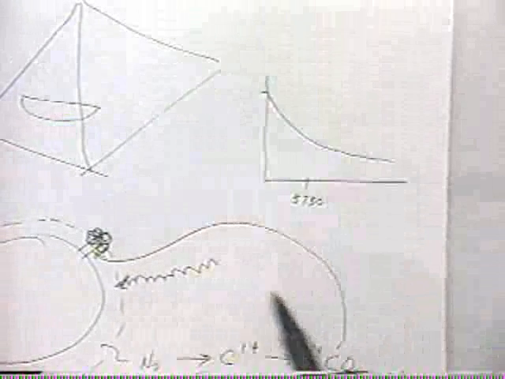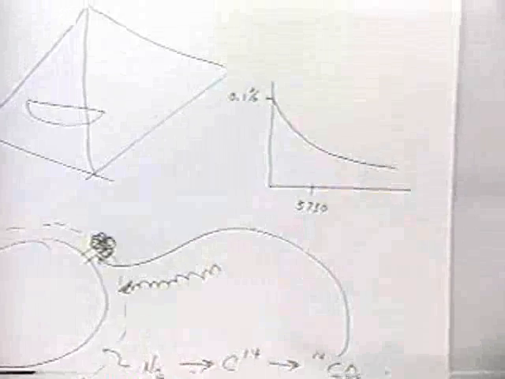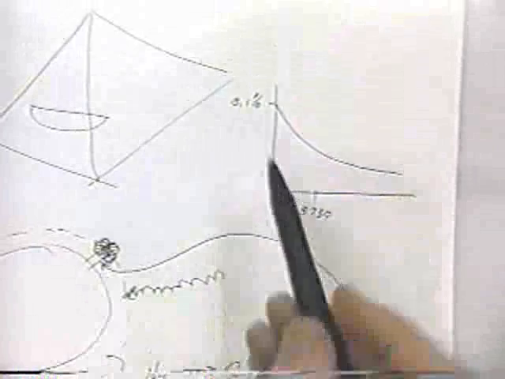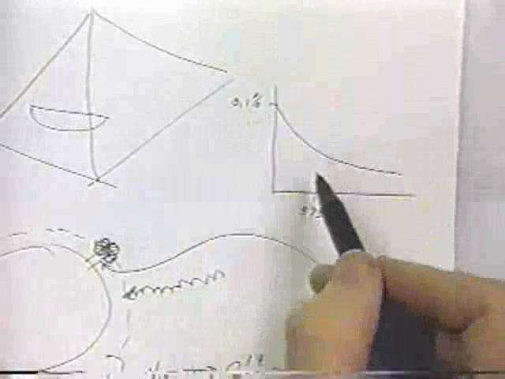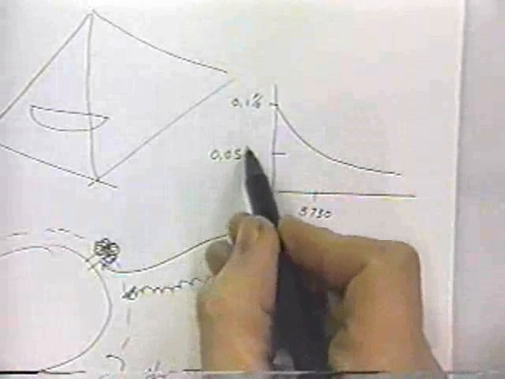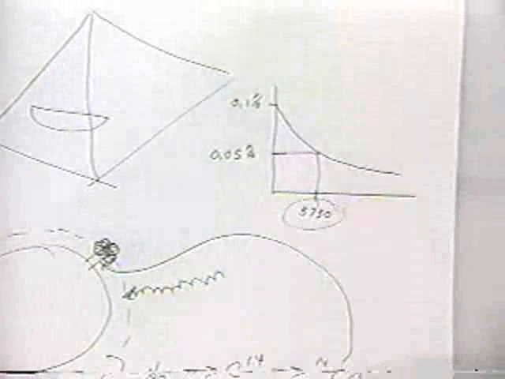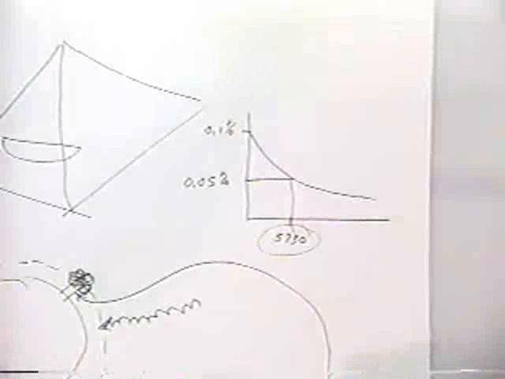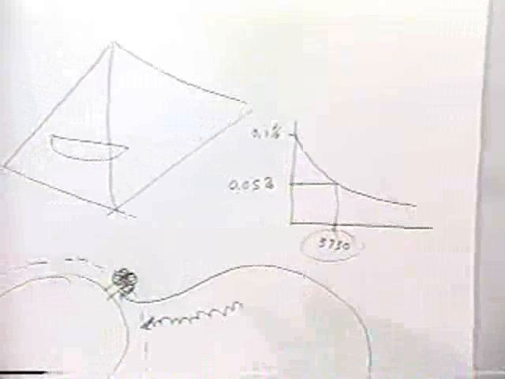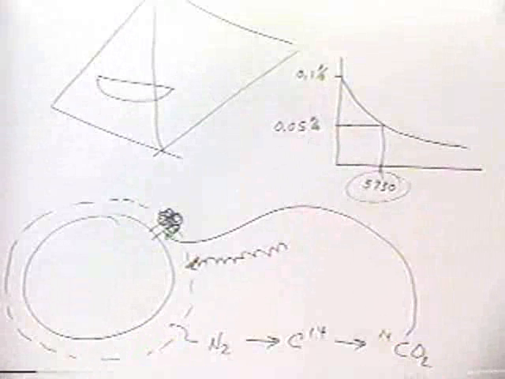So if, let's say, for example, that 0.1% of the carbon in wood is carbon-14, and you find out that your sample has 0.05% carbon-14, you can say, aha, that sample is just about 6,000 years old. So this is the principle behind carbon-14 dating of archaeological artifacts.